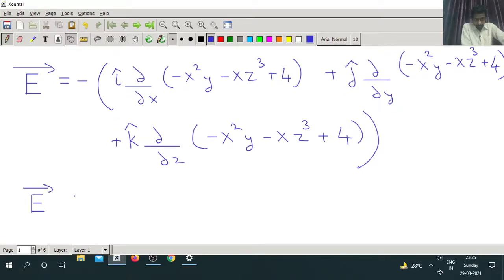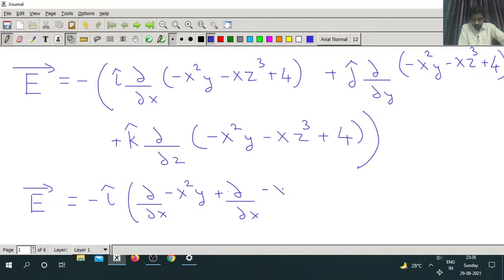Electric field intensity is equal to, we can keep this minus i cap as common, and differentiation of minus x square into y, then minus differentiation of x into z cube, plus differentiation of 4.